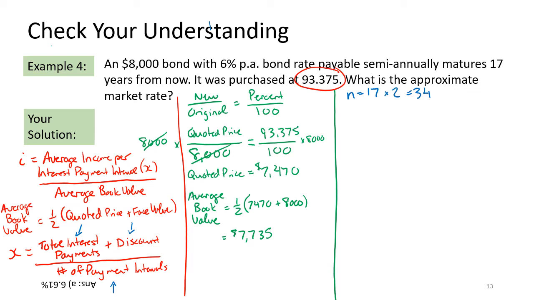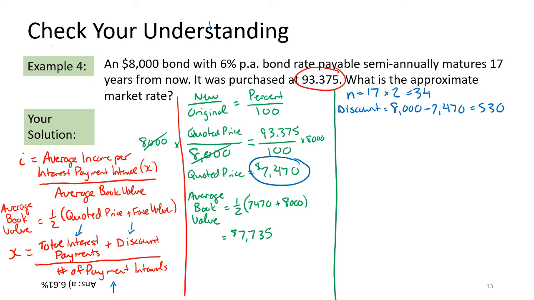It is simply our face value, $8,000, minus what we calculated here, our quoted price of $7,470, and we arrive at a discount of $530.